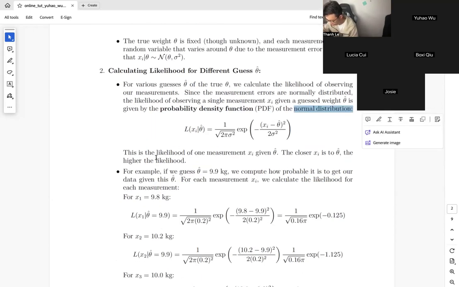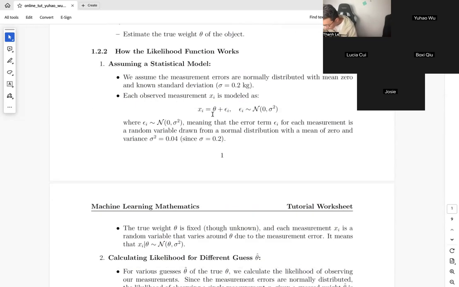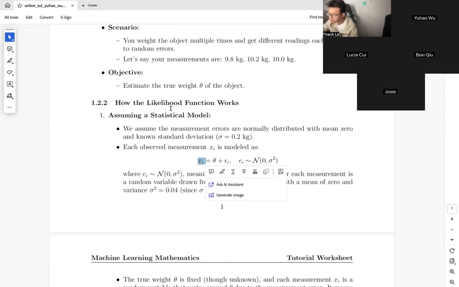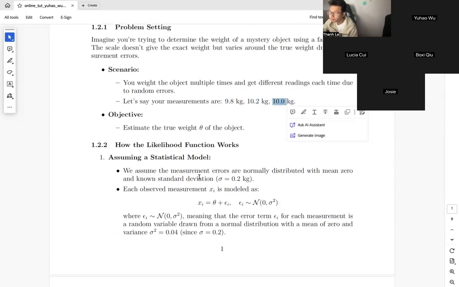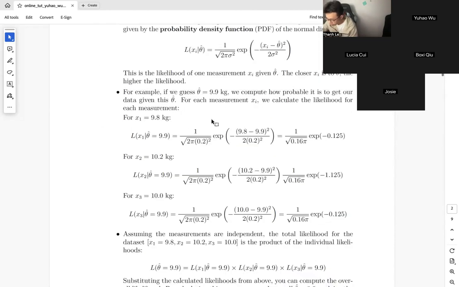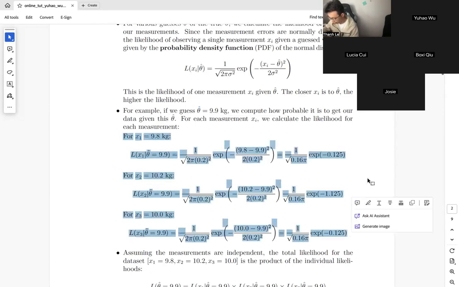So this is the normal distribution probability density function, and we can just input the values. Previously we had 3 observations of x: 9.8, 10.2, and 10 kilo. For example, if we guess theta is 9.9 kilo, we can calculate all the probabilities through the normal distribution probability density function.